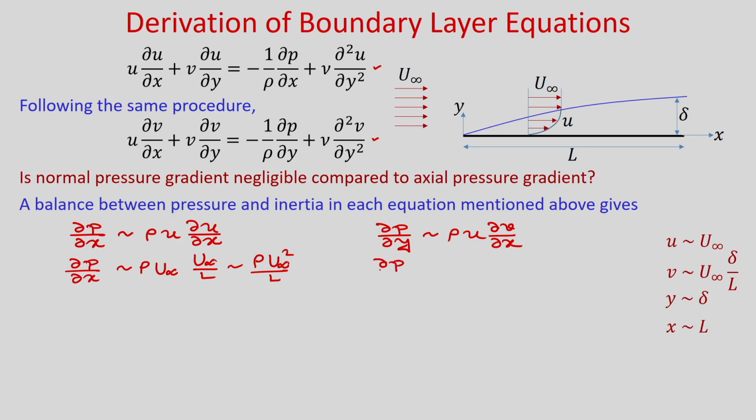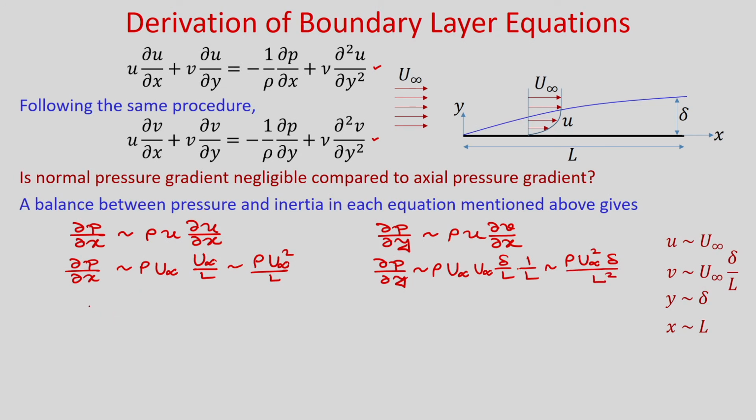So, del P by del y will be order of rho, u infinity, v is u infinity delta by L, and x is 1 by L. So, you can see we can write this as rho u infinity square delta by L square. Okay.